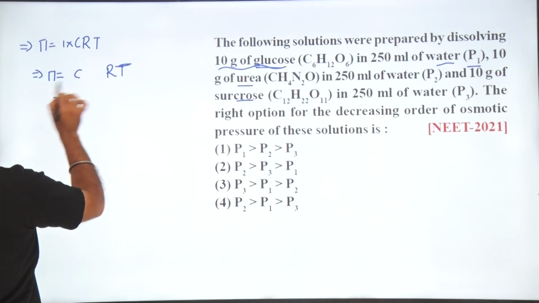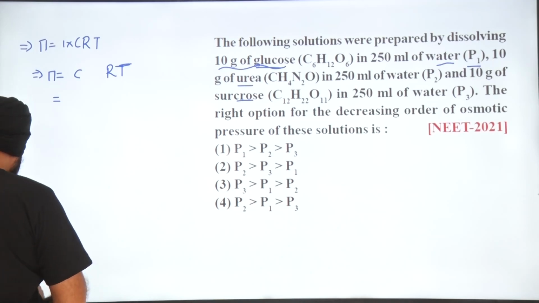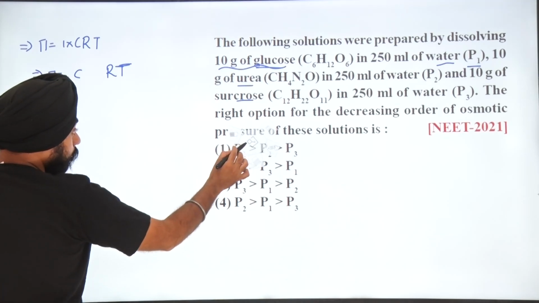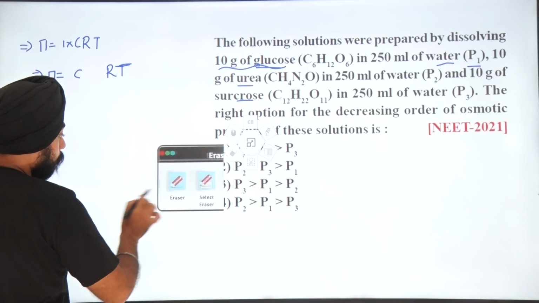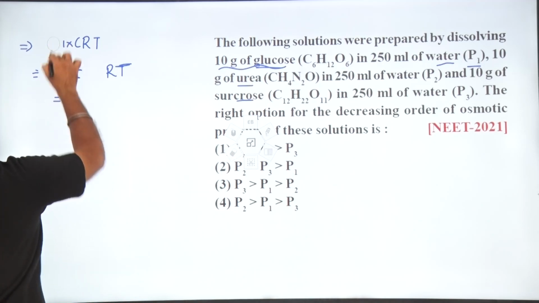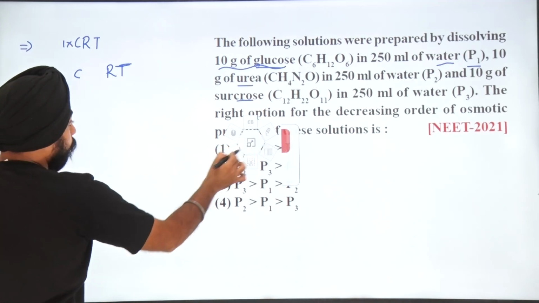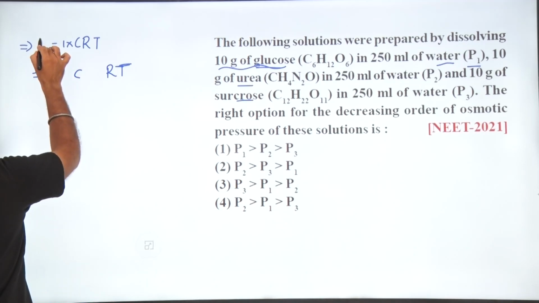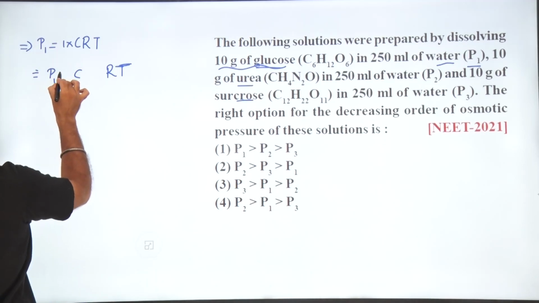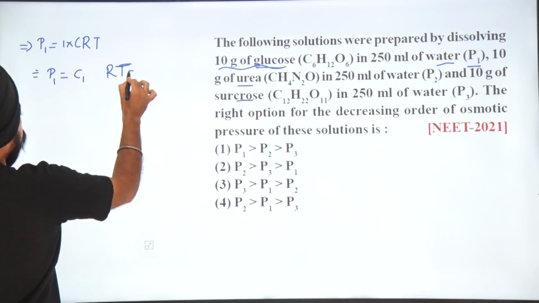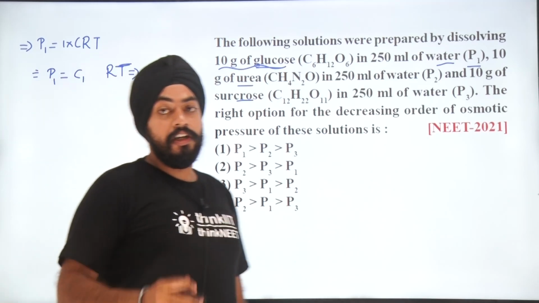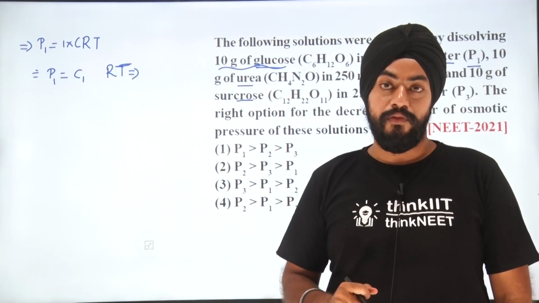For the first case, consider the osmotic pressures as P1, P2 and P3. So let me change these to P1, P2 and P3. So P1 equals C1 RT. Now C1 is concentration, and concentration can be written as mole by volume, right?